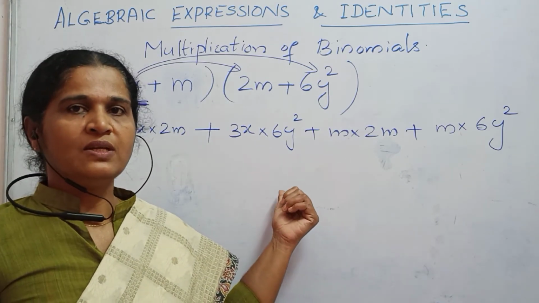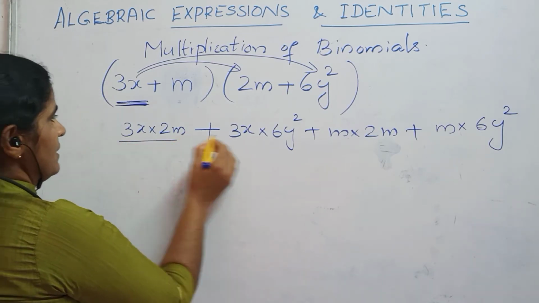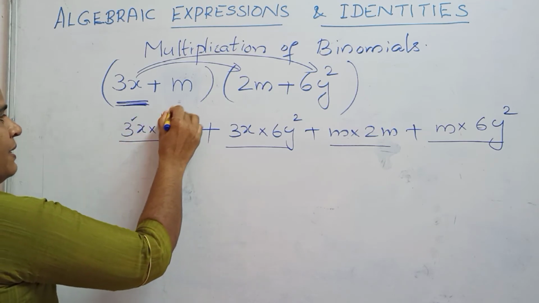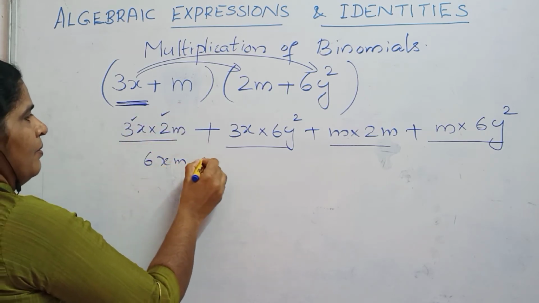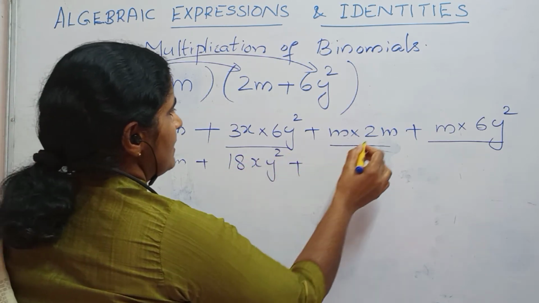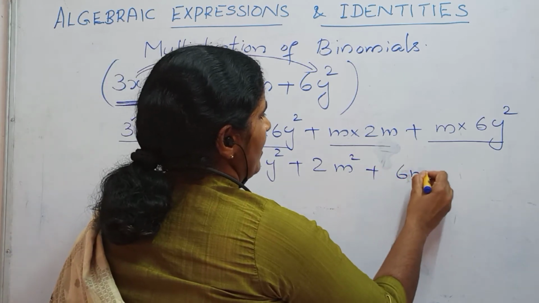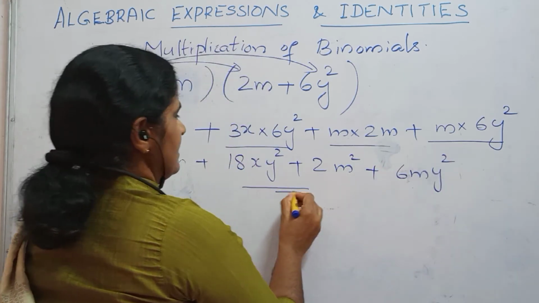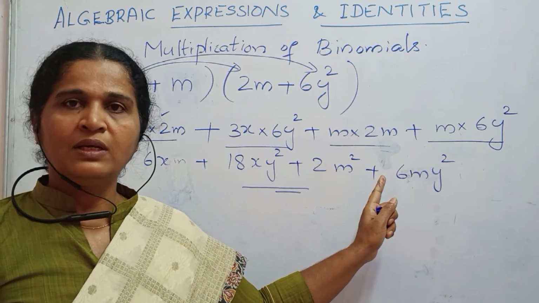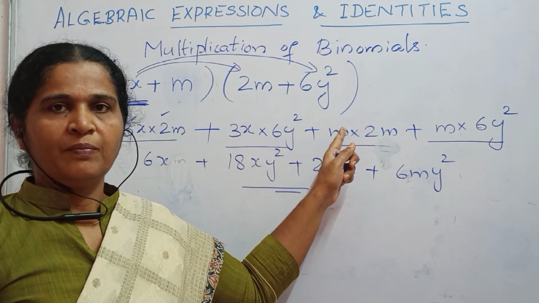Whenever you do the calculations of this, you have to follow the BODMAS rule. Wherever multiplication comes, do it first. So you will get four terms separately. Numbers first: 6xm plus 18xy² plus 2m² plus 6my². This is the answer. There are no like terms, so we cannot add any of them. This is the answer for this binomials multiplication.